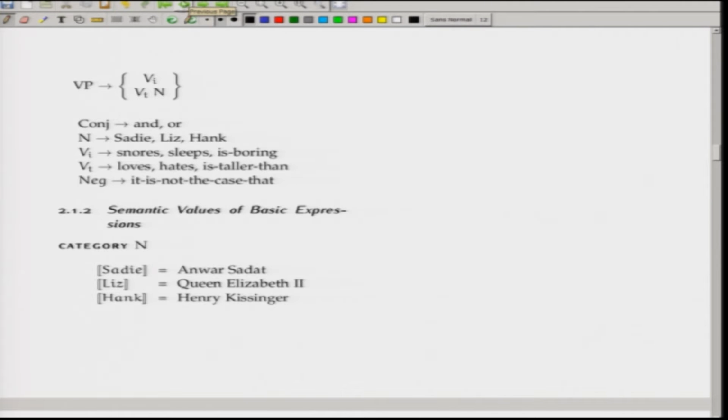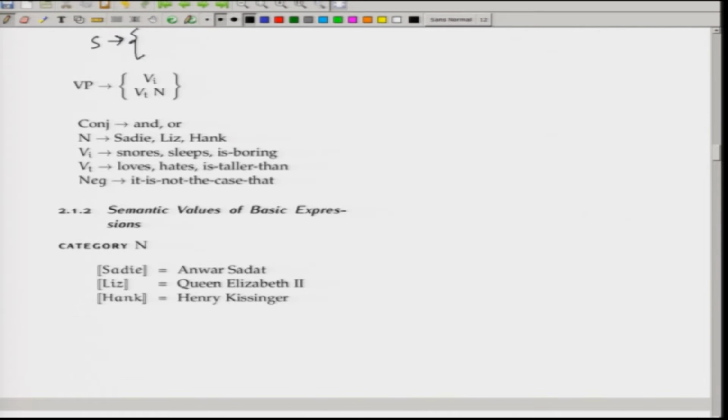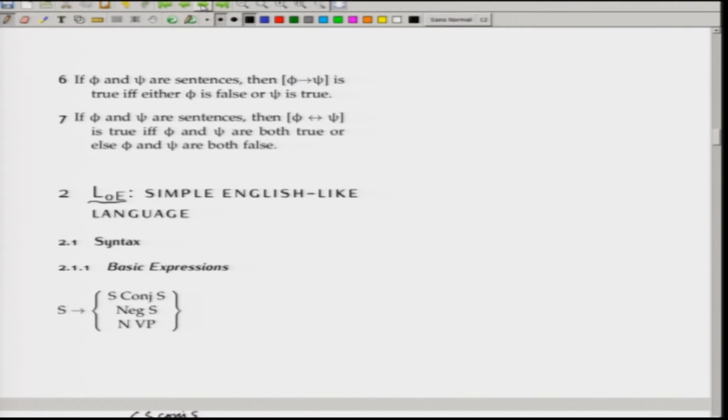So I better write down this rule, which is helpful for me. That is S goes to S conj S, Neg S, and N VP.